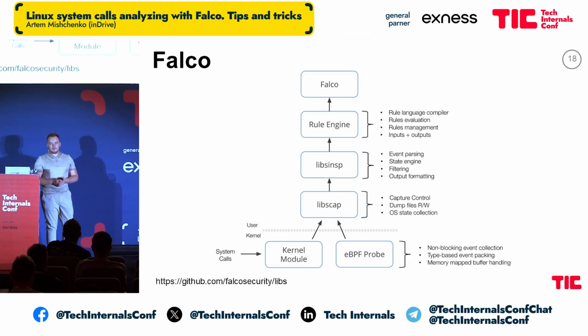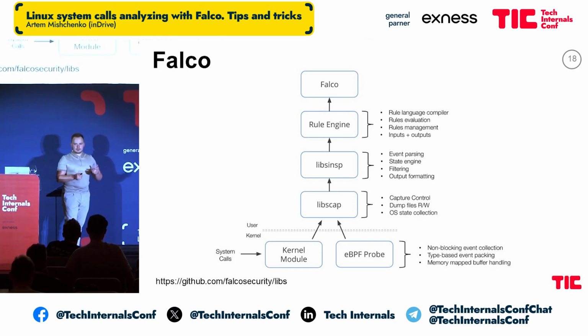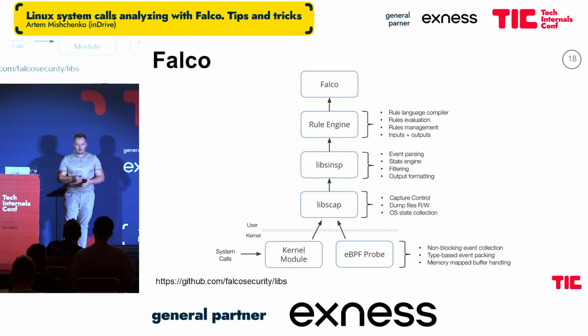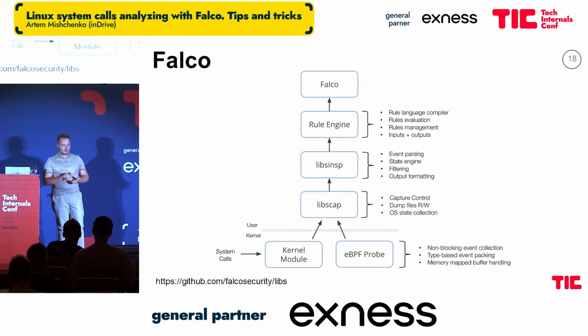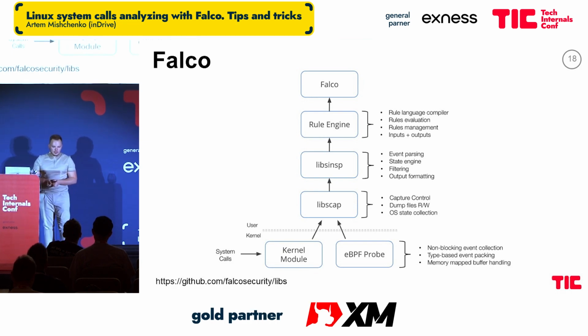Let's look deeper. At the core of its logic, Falco uses the concept of a ring buffer to send events from kernel space to user space after the gathering. And it uses two main libraries: a library for system capture and a library for system inspection. The first one is responsible for capturing all these events and tracking some system state, gathering the information.